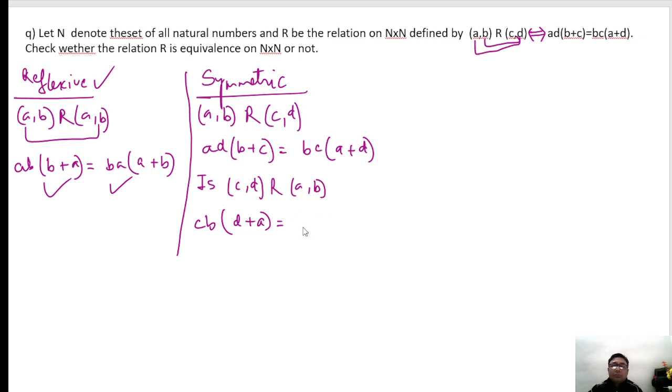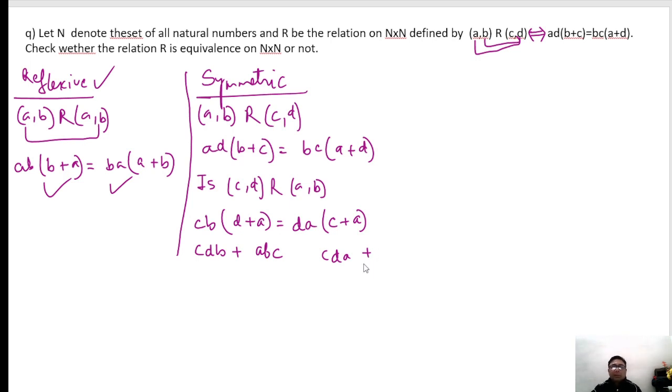BC, that means I will choose DA, and then in the bracket I will write A plus D, that means I will write C plus A. Okay, so let's check if this is correct or not.